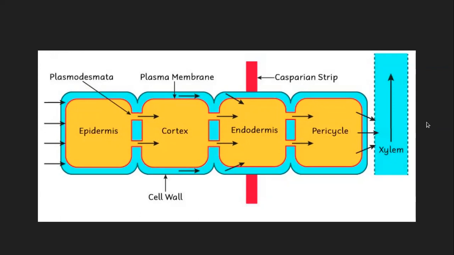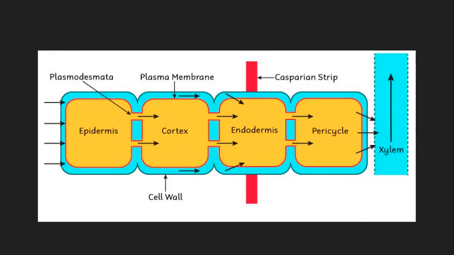Another thing, if you observe carefully in the diagram, is that you can also see the arrow in the plasma membrane space, in this blue part, which means water does move through these spaces as well. We will see those different movements of water, that is apoplastic and symplastic movements, in the next chapter or so.